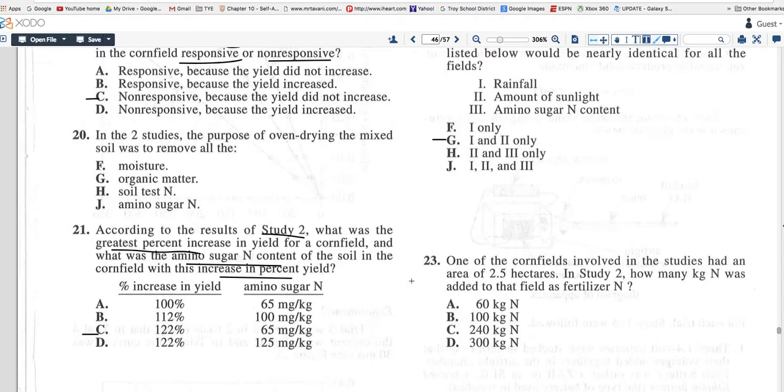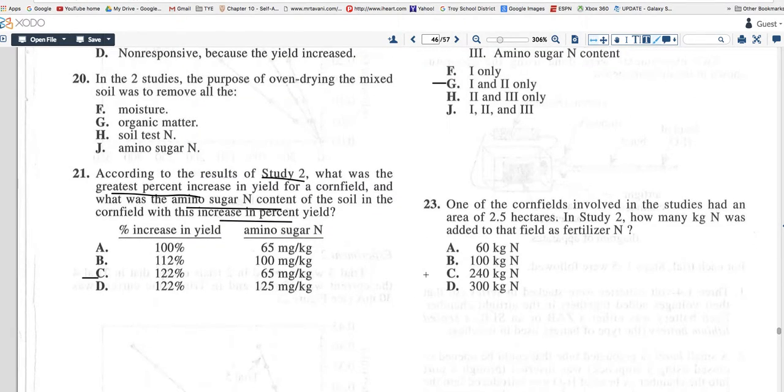23. Who can do this one? And you never need a calculator for any of these math questions. Kritika.